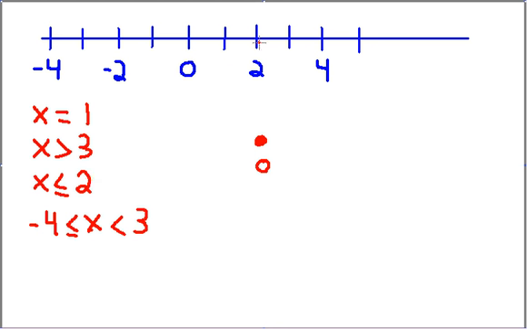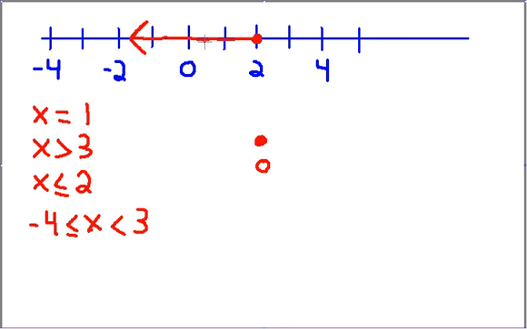So our starting point here is 2, but x is not just less than, it can also be equal to 2. So in this case, since it can be equal to 2, we're going to use a closed dot instead of an open one. If I were to draw the graph for x is less than or equal to 2, I'm going to start with a solid dot at 2, that's my starting point, and then move left, because on our number line, left moves in the negative direction, and we just put an arrow at the end.